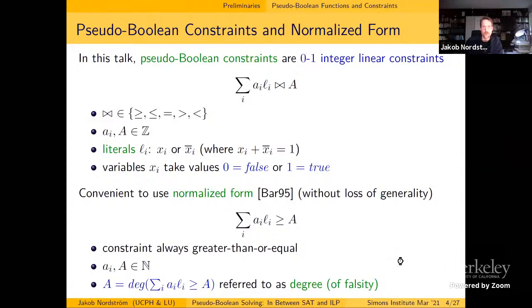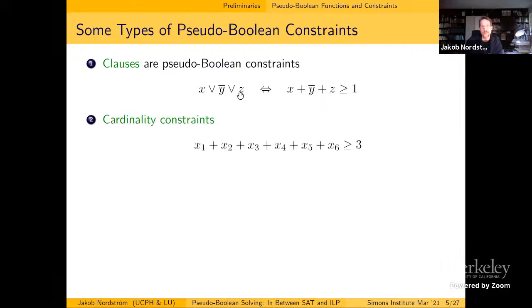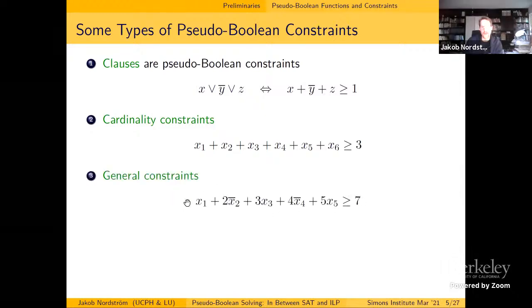Okay, so just to make sure we're on the same page: clauses in CNF are just special cases of pseudo-Boolean constraints, because you just sum up the literals and want at least one of them to be true. And then we saw that cardinality constraints are an example of a more general class of constraints. And then you can go wild and have arbitrary coefficients, like this constraint, which is a general pseudo-Boolean constraint.